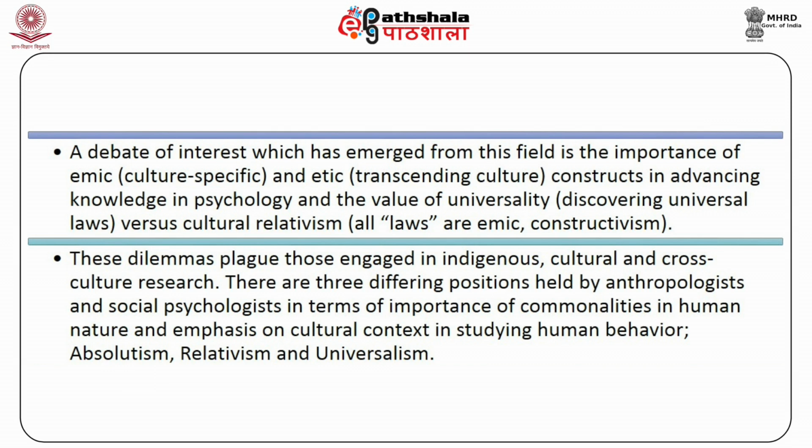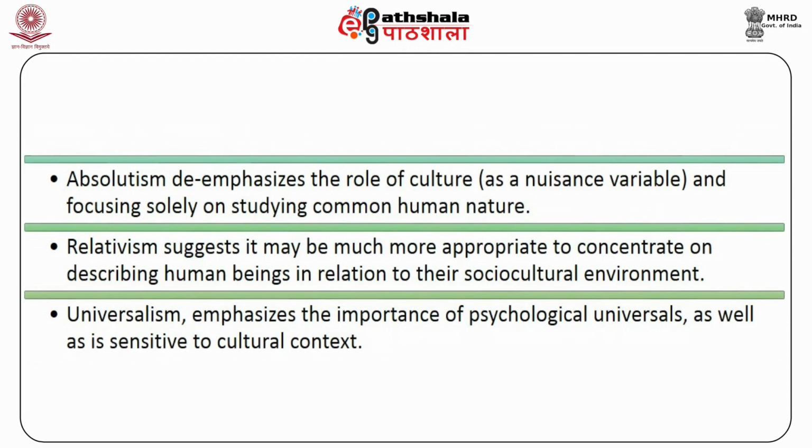These dilemmas plague those engaged in indigenous, cultural and cross-cultural research. There are three differing positions held by anthropologists and social psychologists in terms of the importance of commonalities in human nature and emphasis on cultural context in studying human behavior: absolutism, relativism and universalism.